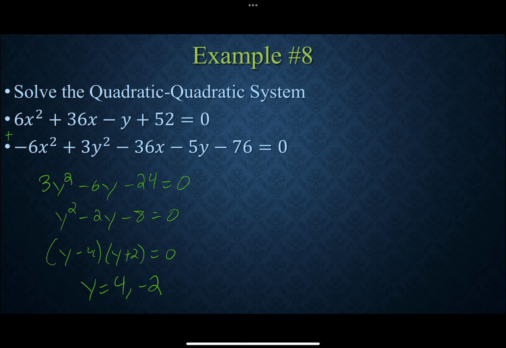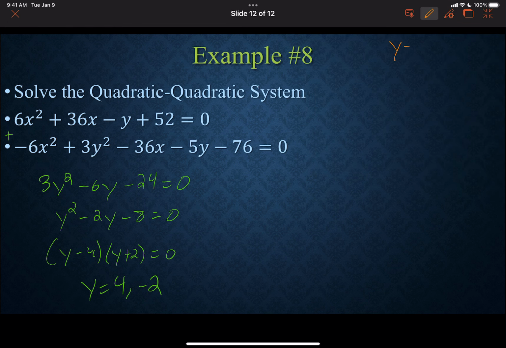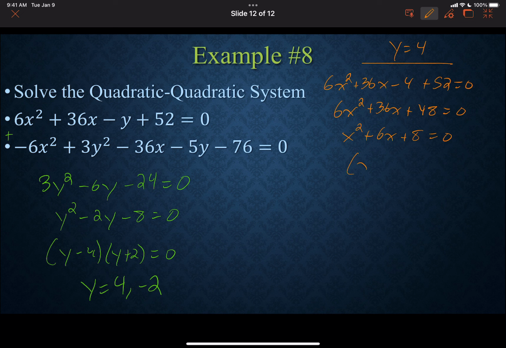Top equation is probably the easiest to work with. There's only one y term to substitute into. So we'll do that for the y equals 4. So we have 6x squared plus 36x minus 4 plus 52 equals 0. So that becomes a 48. A 6 does divide into everything. x squared plus 6x plus 8.